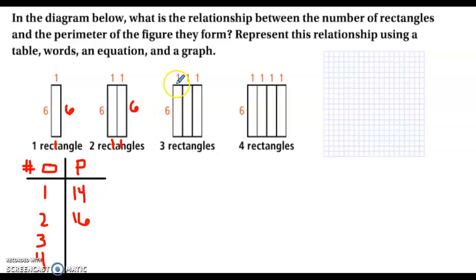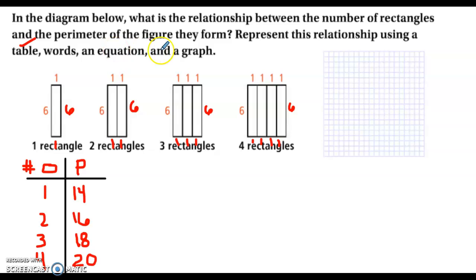Three rectangles, 6 plus 1 plus 1 plus 1 plus 6 plus 1 plus 1 plus 1, a perimeter of 18. Four rectangles, we have 6 plus four 1s, plus 6 plus four 1s, so that would be a perimeter of 20. So there we have represented it with a table.